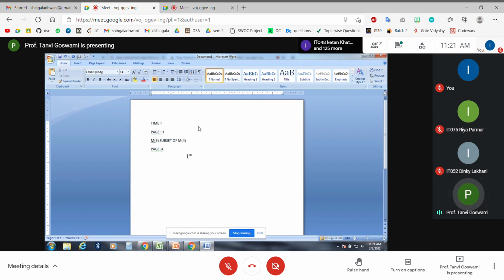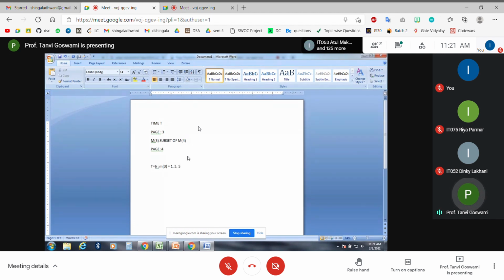Let us say we have two things. Let us say t equal to 6, the memory with page frame 3 has data 1, 3 and 5.